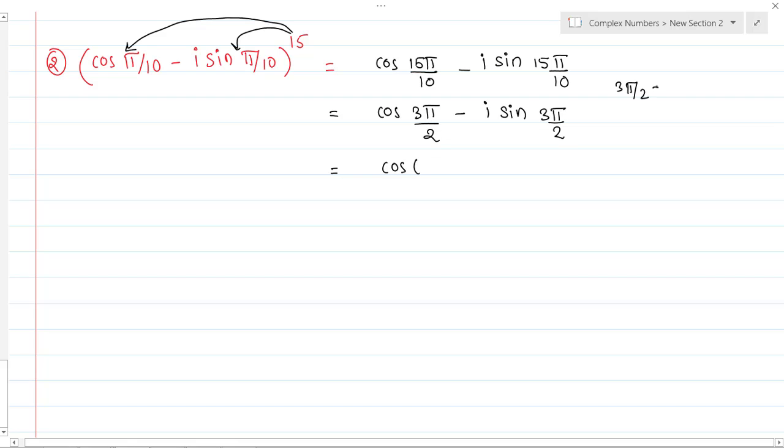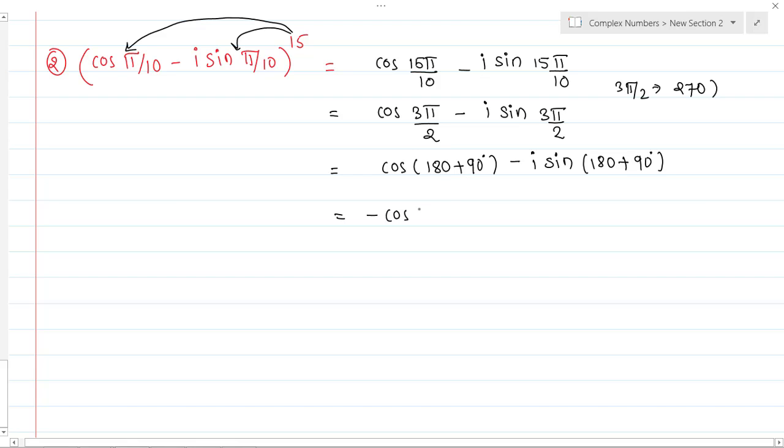So it is equal to cos of 180 plus 90 degree minus i sin of 180 plus 90 degree. So what will we get? Cos of 180 plus 90 degree is what?